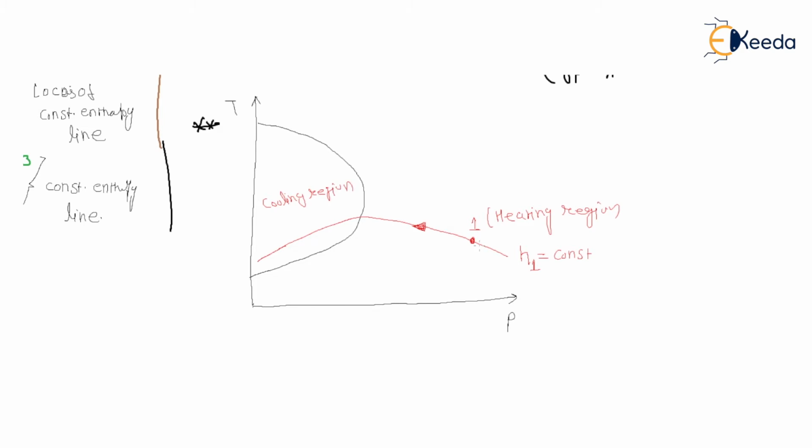This is very important: if you have a point in the heating region and throttle up to the cooling region, it may be here, it may be here, and it may be here. This is a cooling region. So if you take point 1 dash here, 1 double dash here, 1 triple dash here, right? So this is the beauty.